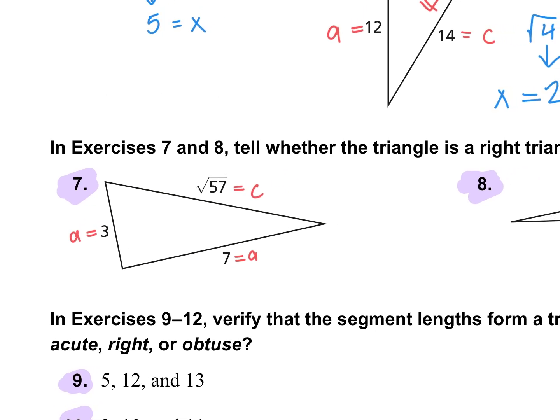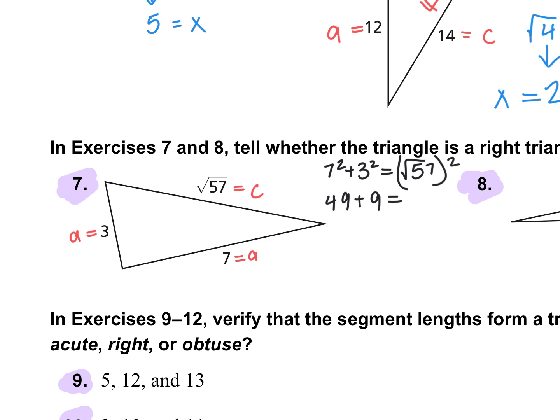So solving it, plugging what I have in, 7 squared plus 3 squared equals the square root of 57 squared. So 7 squared is going to be 49 plus 9 equals, what's the square root of something squared? You're just going to take the number out. So I really don't even have to plug it.